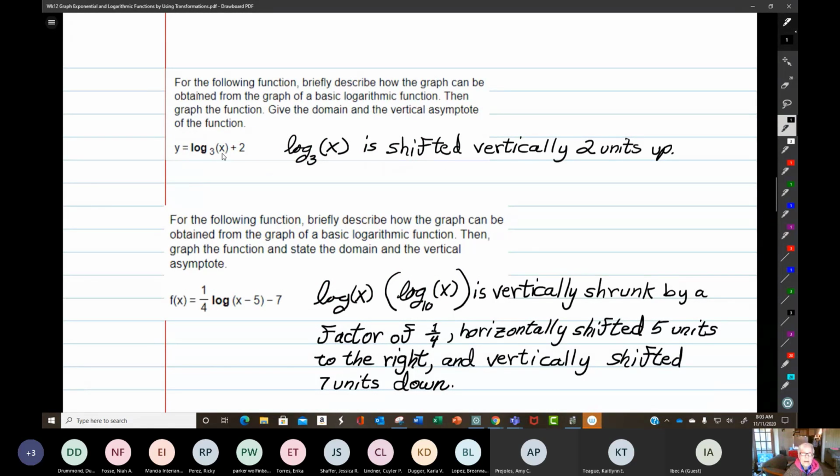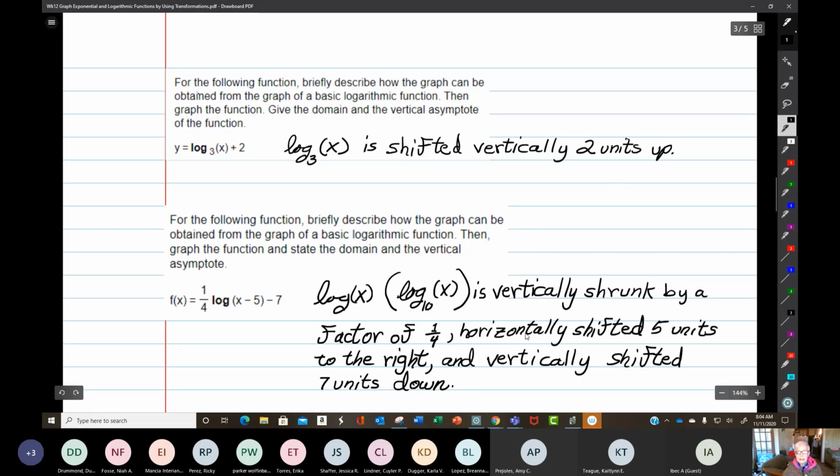Now log base 3 of x plus 2. Well, this is a basic graph, log base 3 of x, and it is being shifted. Now this plus 2 is outside the parentheses. So plus 2 is a vertical shift up 2 units.